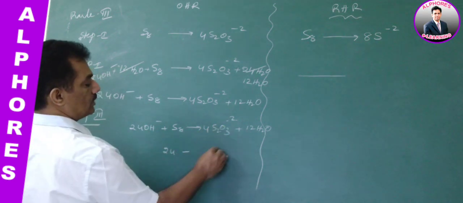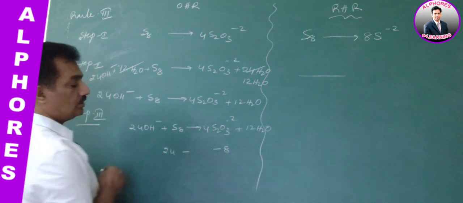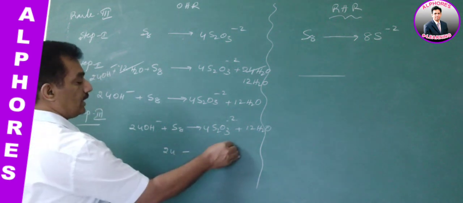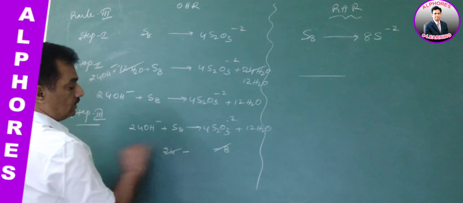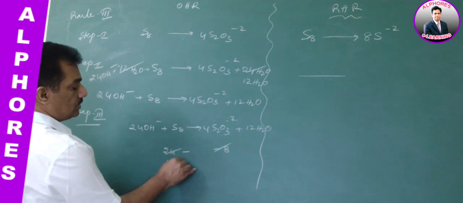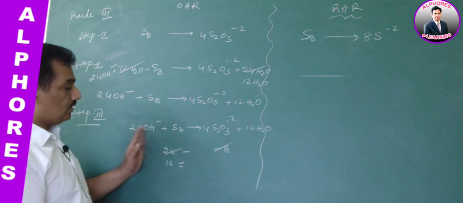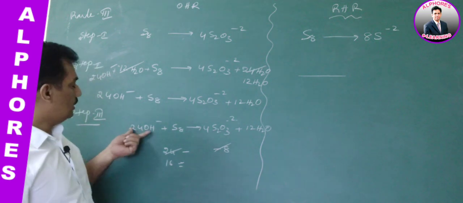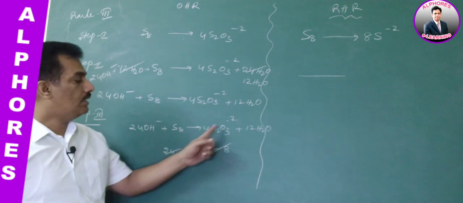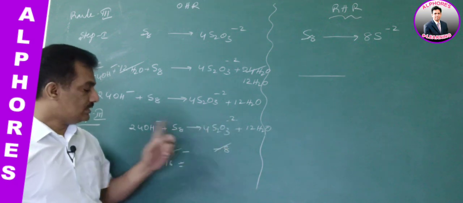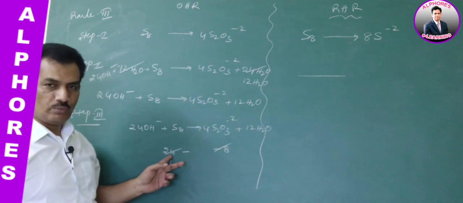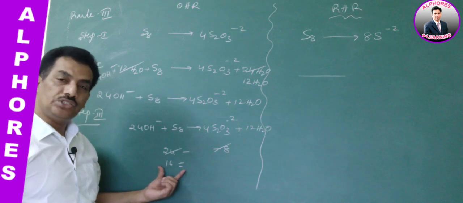Here 4 into minus 2, that is minus 8 charges. After cancelling 8 charges from this, the net result is 16 minus charges on this side. Just to observe, here it is 24 minus and here it is 8 minus. After cancelling that 8 minus from this 24 minus, the net result is 16 minus.